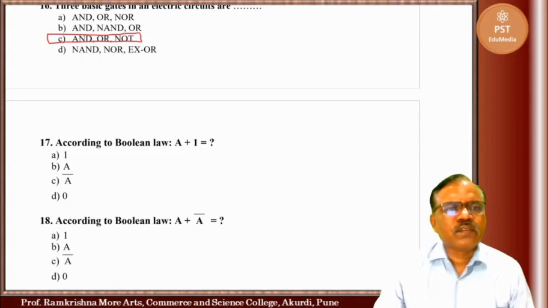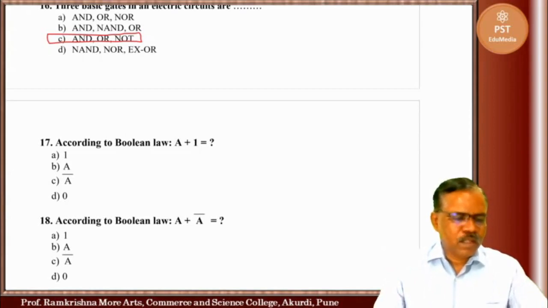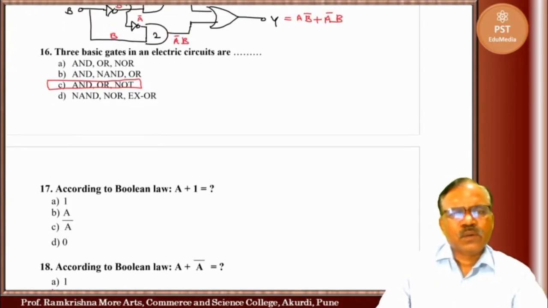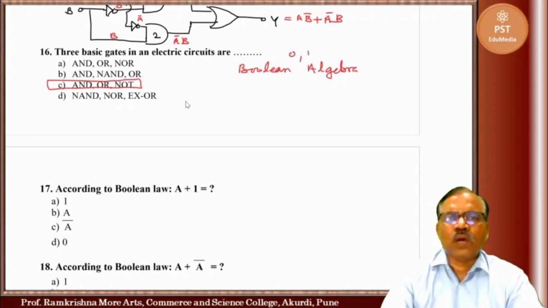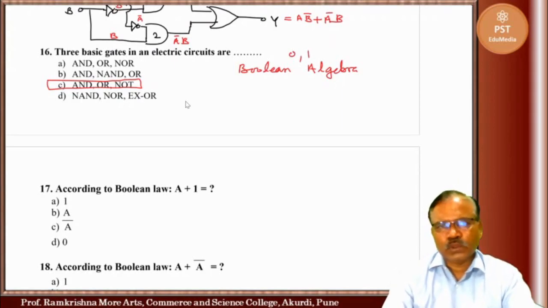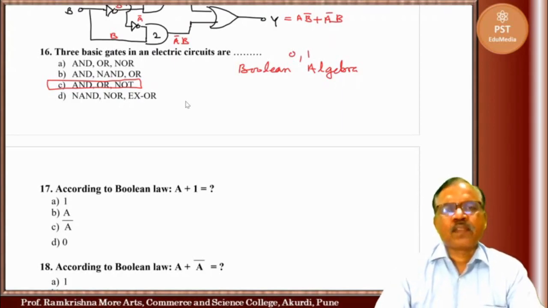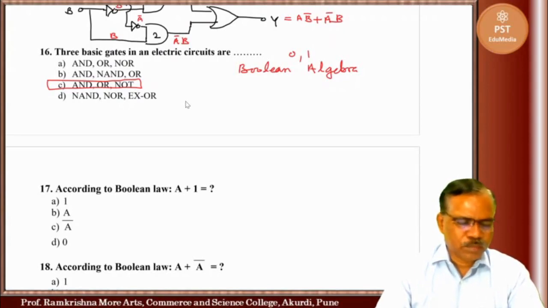Now next one, Boolean algebra. Now see here, if we see Boolean algebra, 0 and 1 are two inputs, high and low, low and high. So here we have some AND laws.